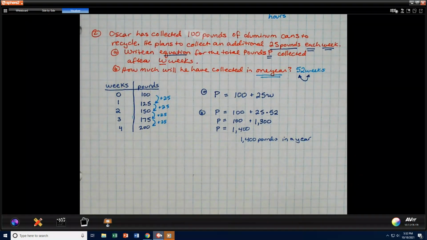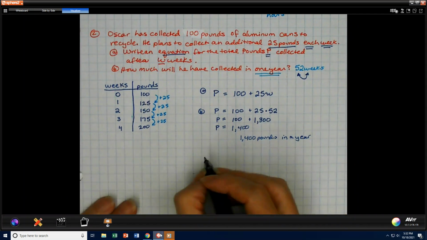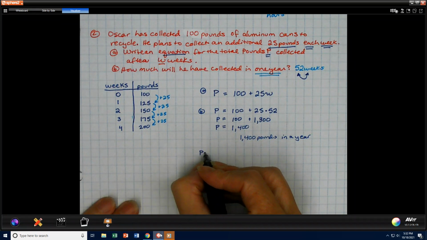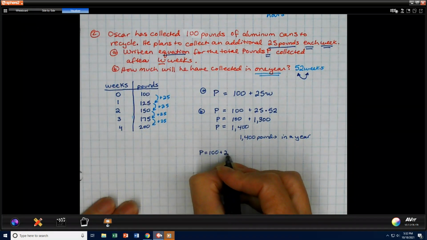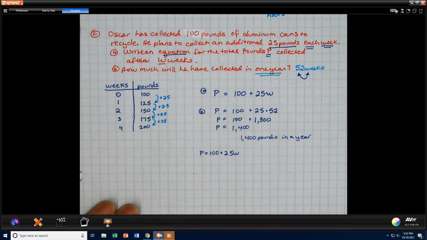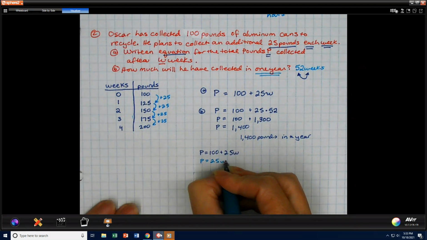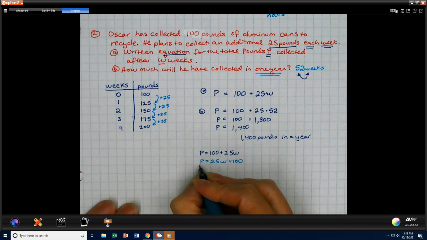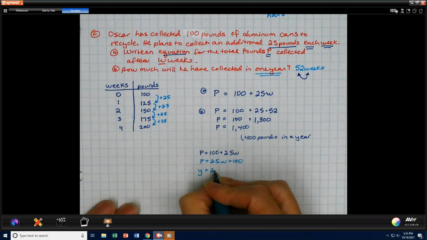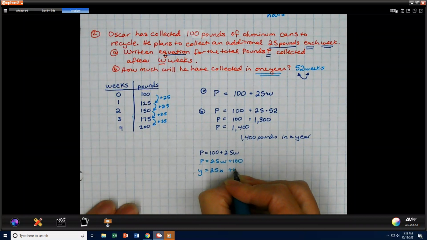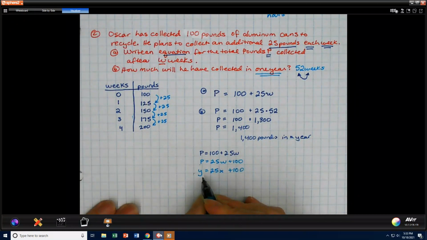Now, we're not going to graph this one, but once again, just like the last example, this is basically a linear equation. When I take P equals 100 plus 25W, I could just slightly rearrange it, P equals 25W plus 100, and instead of saying pounds that depend on weeks, I could say Y depends on X. And I would graph the equation Y equals 25X plus 100.